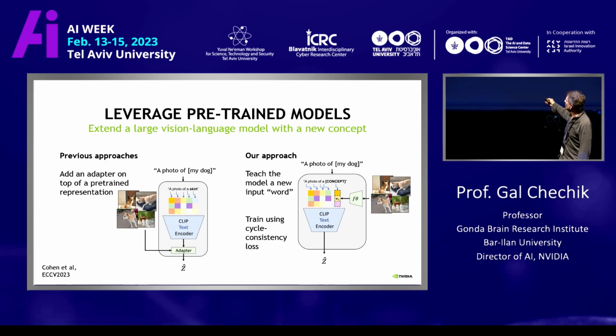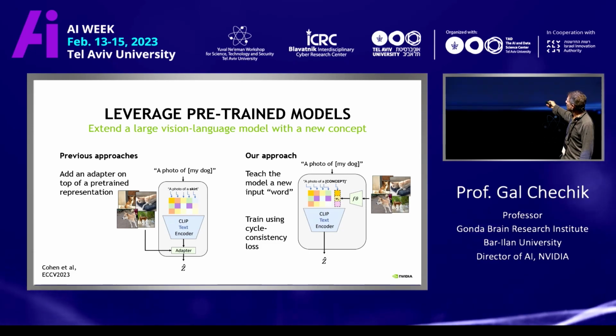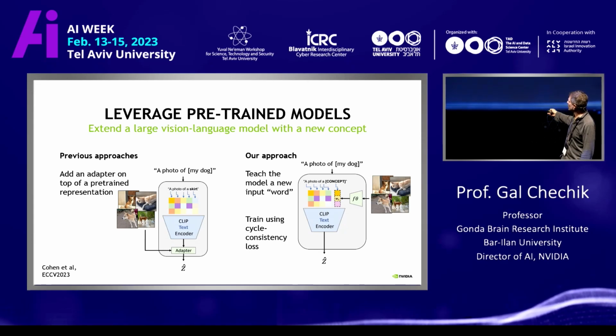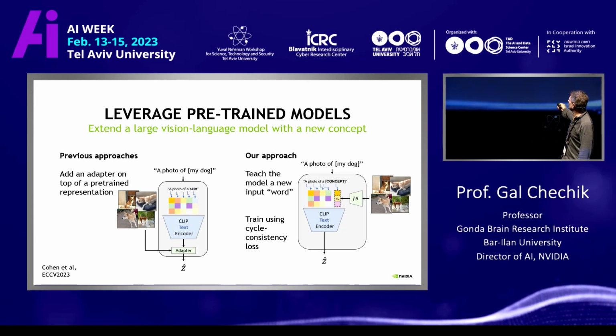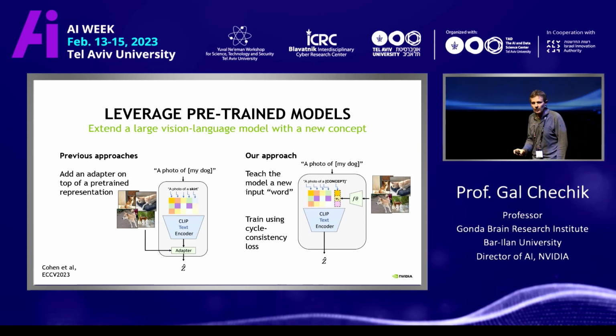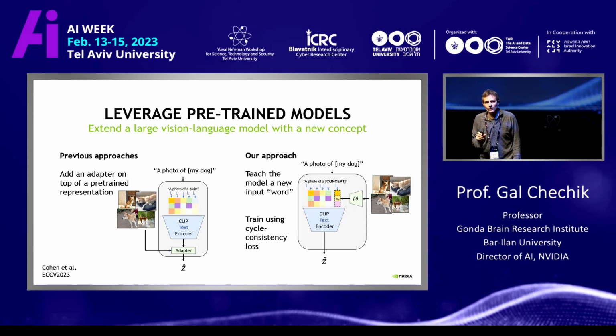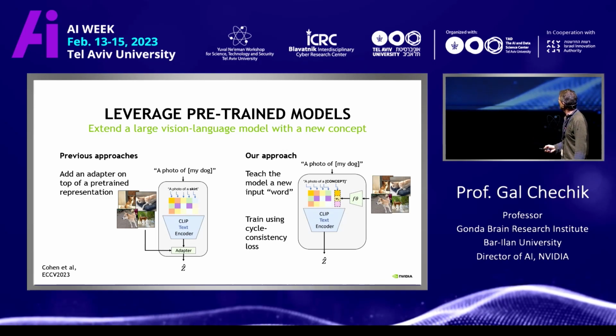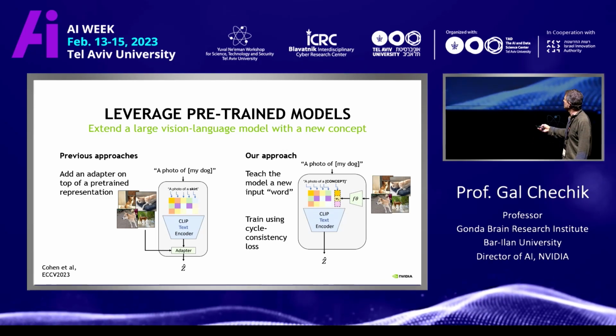And you know in a language model, every concept is mapped to some vector. So our idea was that you're going to find how you represent that vector such that once you encode it, it's going to be similar to the images of Max. So we're going to learn a new word in the language that corresponds to your specific item. Okay, and this is trained using a cycle consistency loss.